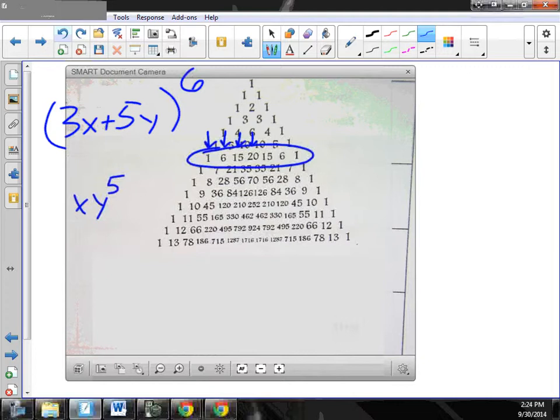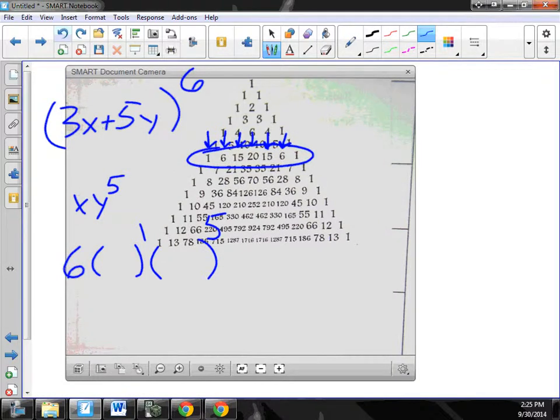That would be x to the 3rd, y to the 3rd. This one would be x squared, y to the fourth. And this one would be 6 times something to the first times something to the fifth.